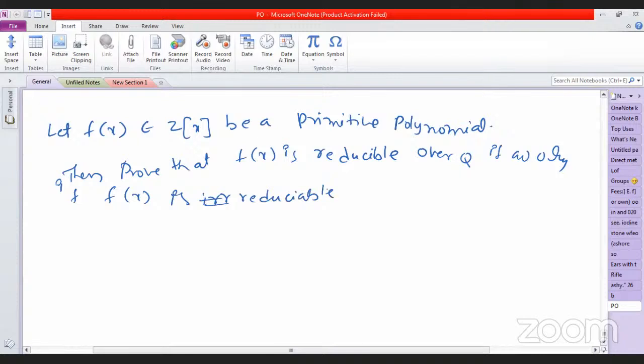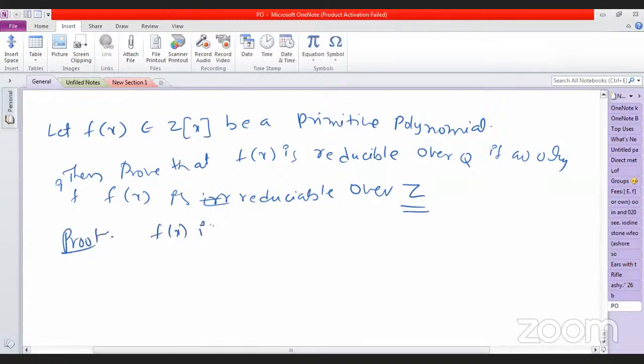What is reducible? What is Z? The set of integers. Very good. Proof.